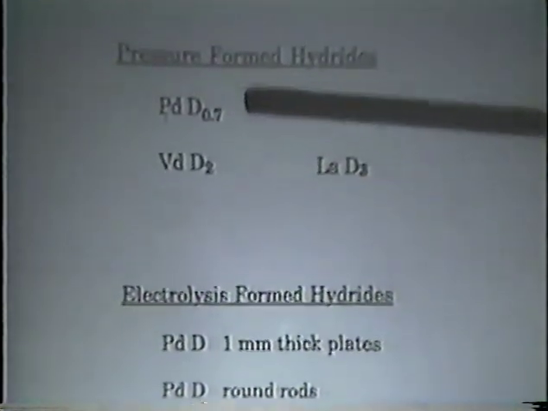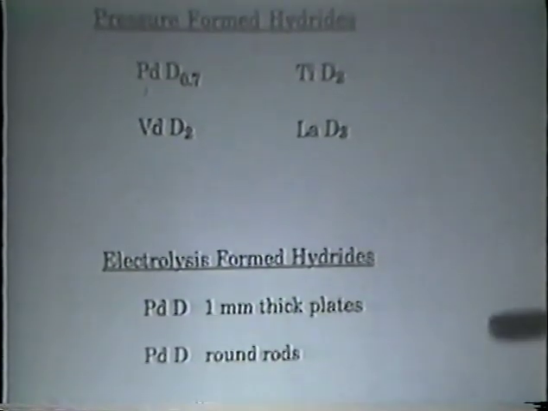We've done palladium deuteride with a D over Pd of 0.7, which is typical. Vanadium deuteride with 2 deuteriums. We have done titanium deuteride and lanthanum trideuteride. These have all been solid targets except the titanium, which had to be done in powder form because the diffusion time is much longer.